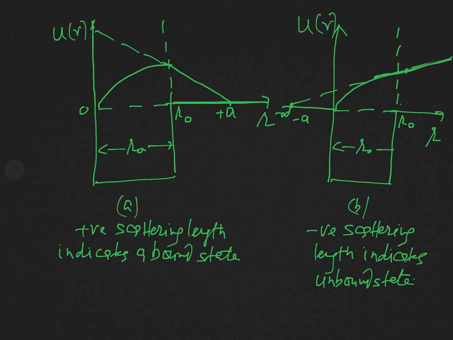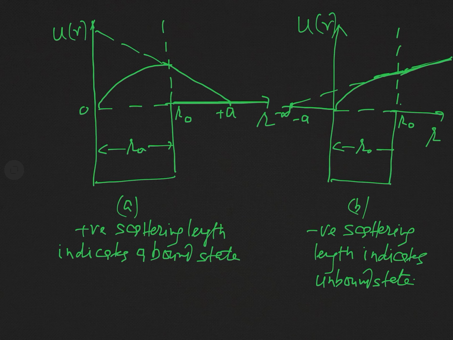So the basic fact is that the positive scattering length indicates a bound state. And on the other hand, you know from the deuteron problem that in an unbound state the wave function has to match with an increasing solution in the region r greater than r naught.